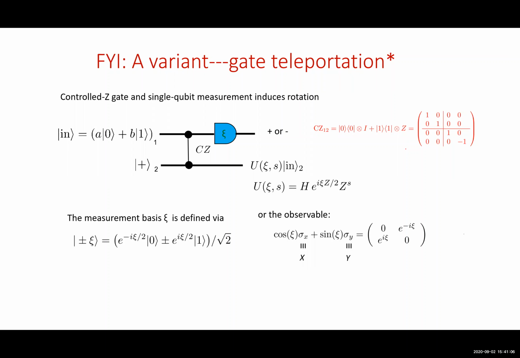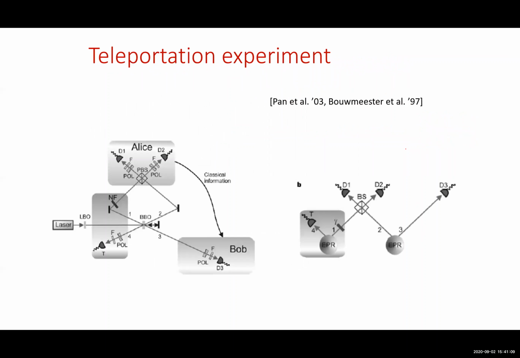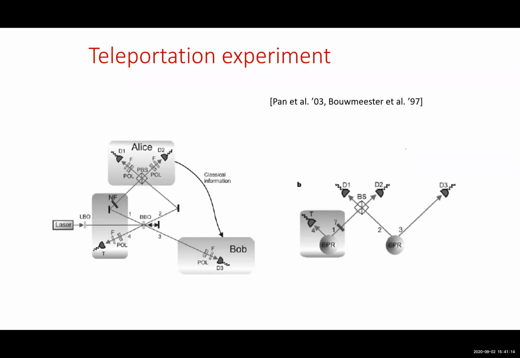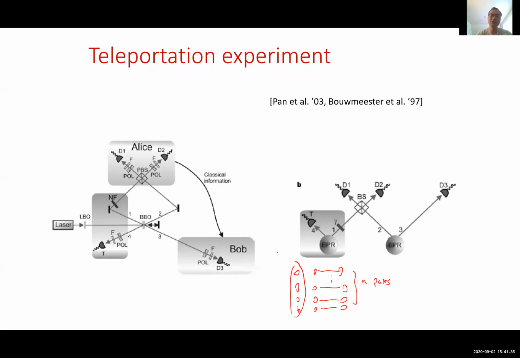Hello? Yes? Yeah. So if we have n qubits to teleport, how many conventional bits do we have to send? Yeah, so if you have n qubits to teleport, this will be the entangled state. You have n pairs, and there's an n-qubit state. So for each qubit, you need to have 2 bits of information, right?